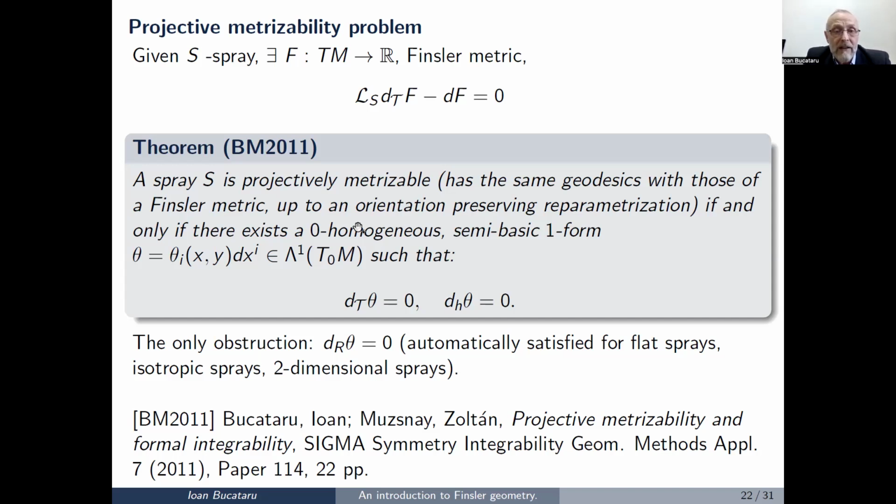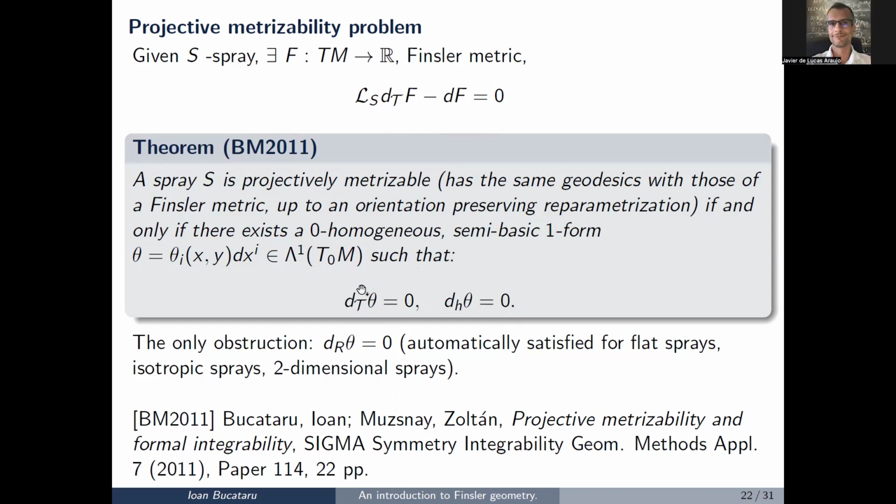I studied this problem with Zoltan Muzhnai almost 15 years ago. We used the Cartan-Kähler theory, started this problem, and came up with this system. I want to finish as soon as possible, so I will go quite briefly here.